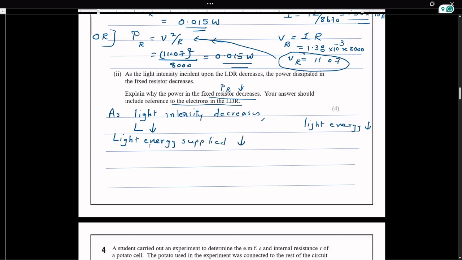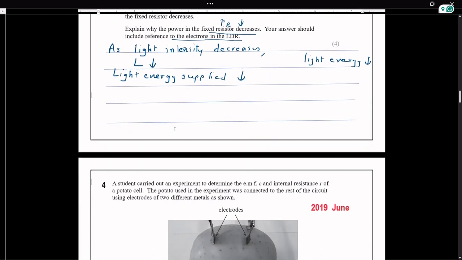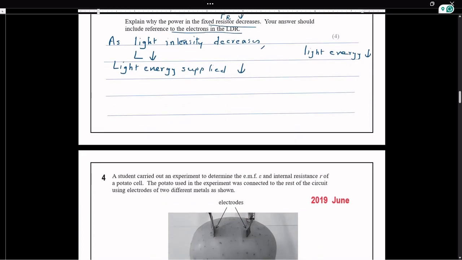I'm using the symbol for decrease, but make sure in the exam you write the full words. So light energy supplied decreases. So the number of free electrons or conduction electrons decreases.